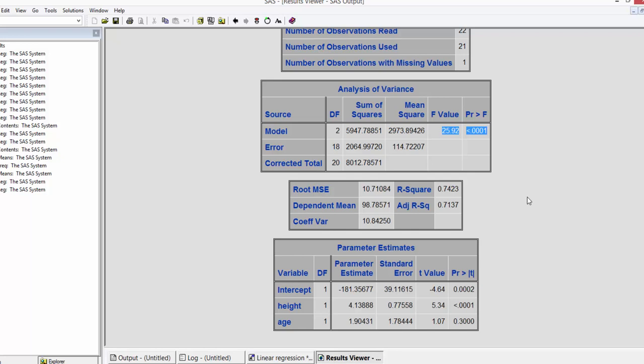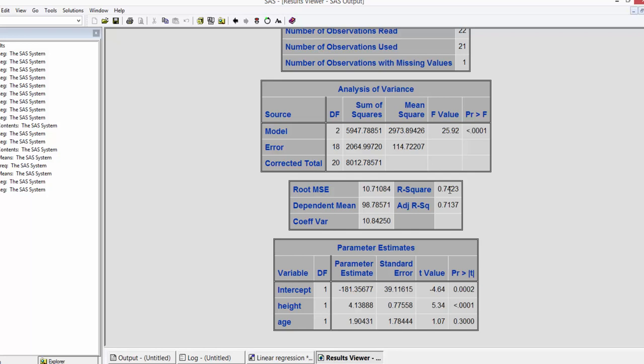Alright, so the next output which is very important to see is the R-square and the adjusted R-square values. R-square explains the variation in the dependent variable. The dependent variable is weight, and the R-square value in this case is 0.74, which is 74.23% precisely.